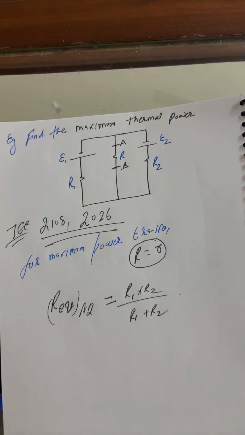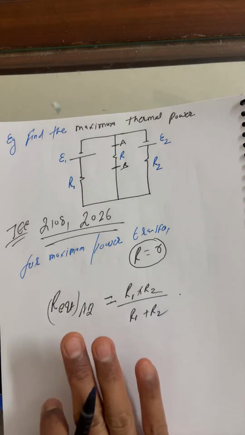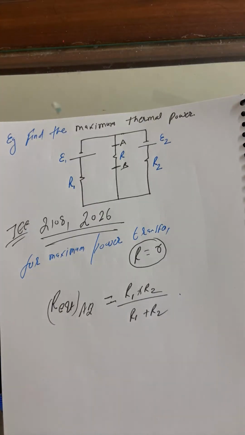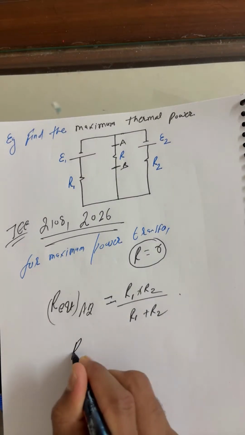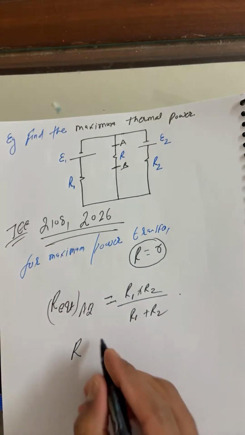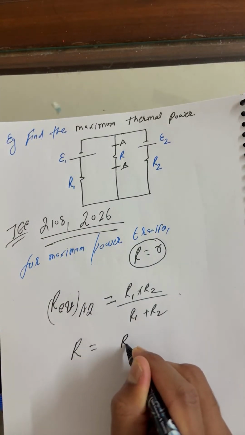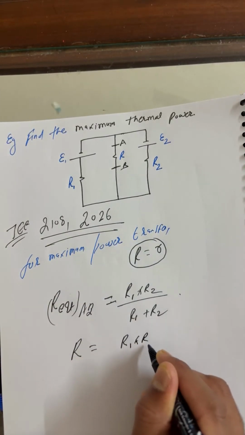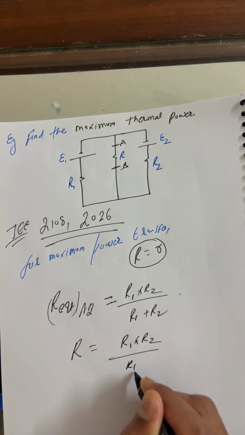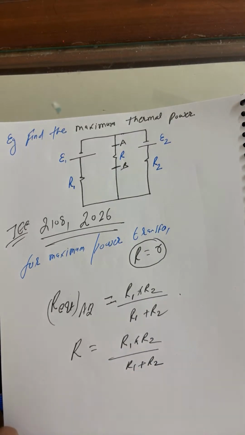For maximum power transfer, these two are equal. So for maximum power transfer, I can write R1 into R2 upon R1 plus R2.